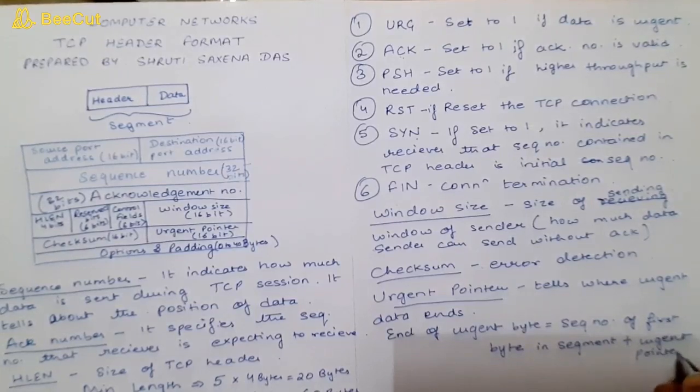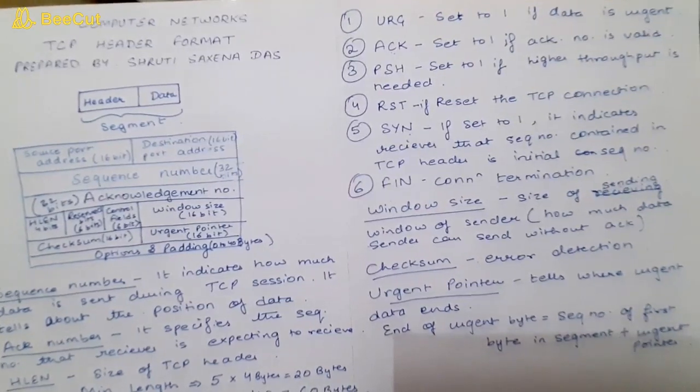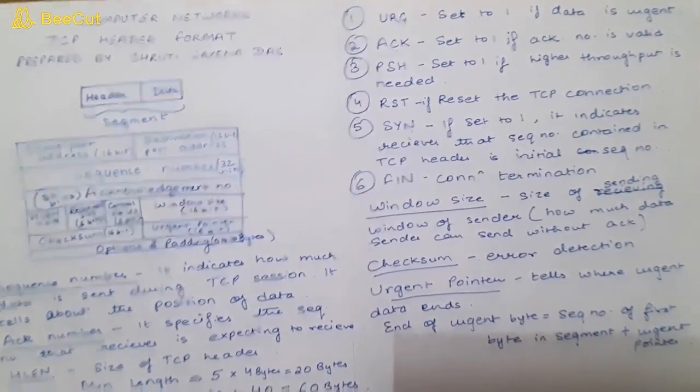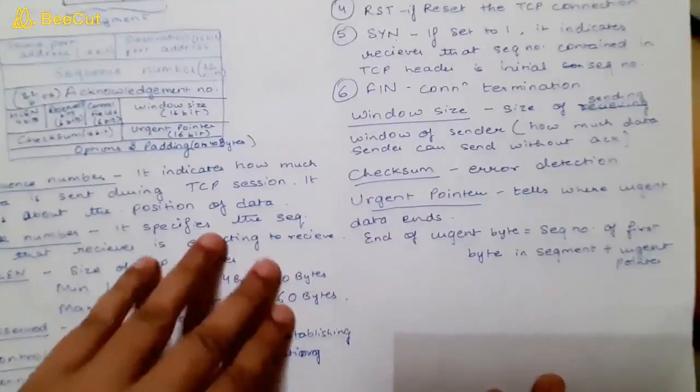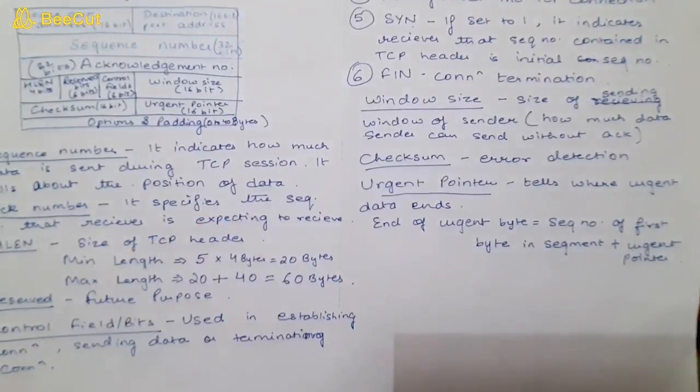If you use the value of this urgent pointer, then you can calculate where your urgent data ends. So this urgent pointer indicates how much data in the current segment, counting from the first data byte, is urgent. This field tells about this thing.